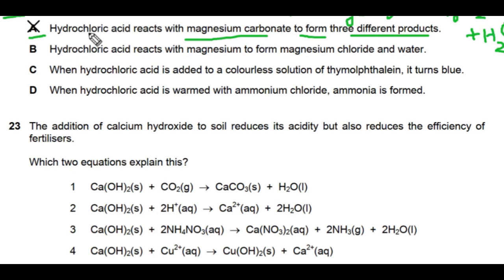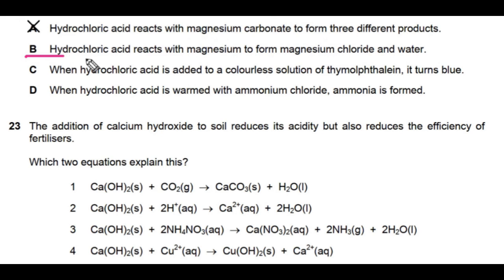So when hydrochloric acid reacts with magnesium carbonate, 1, 2, 3, 3 different products are produced. One is magnesium chloride, another is carbon dioxide, and number 3 is water. When a carbonate salt reacts with acid, it forms salt plus carbon dioxide plus water. A is the right answer.